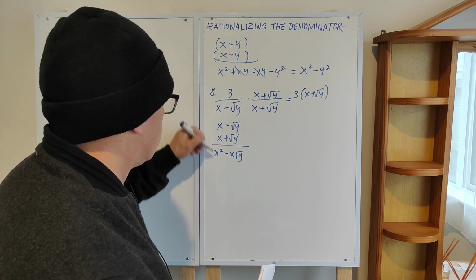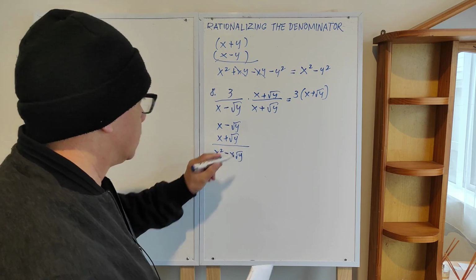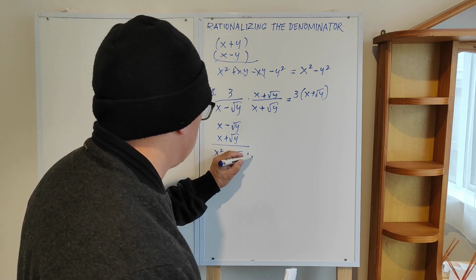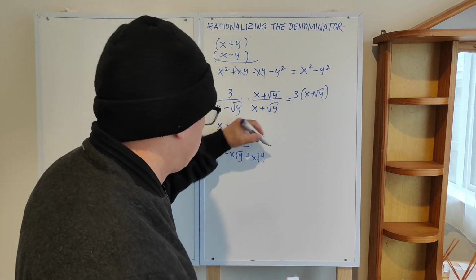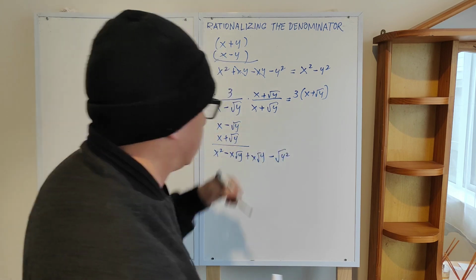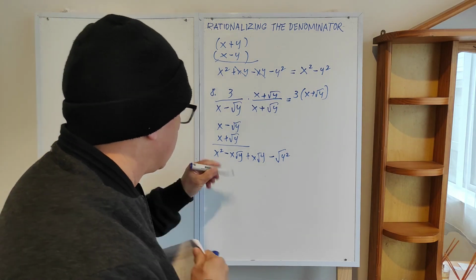X times x is x squared. X times negative square root of y is negative x square root of y. So we multiply this one with this one, it becomes positive x square root of y. Positive and negative will be negative. Square root of y times square root of y will be square root of y squared. So this will be cancelling out.